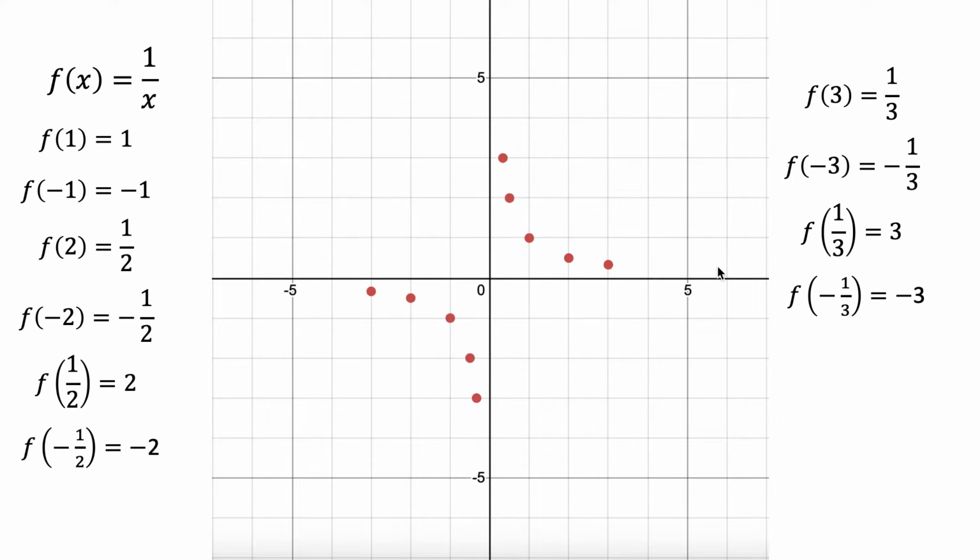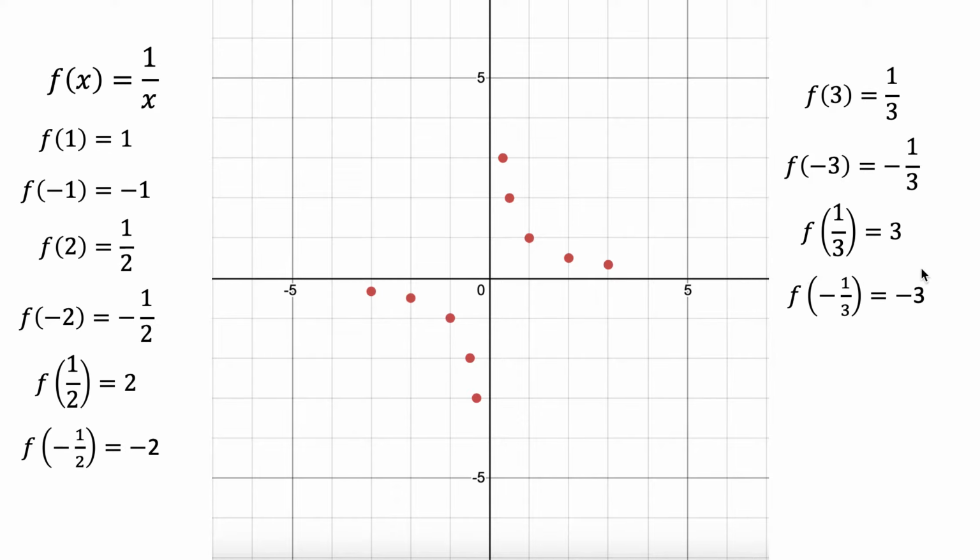And I could do it with 4, 5, 6, 7, all the numbers, right? So here's 3, 1/3, here's 1/3, 3. Here's -1/3, -3, and this is -3, -1/3. Okay, and you can imagine this will be 4, 1/4, 5, 1/5, 6, 1/6, 7, 1/7, 8, 1/8, etc.